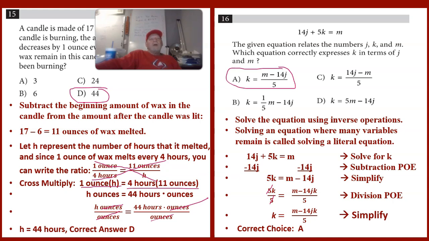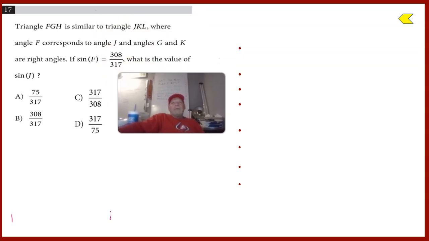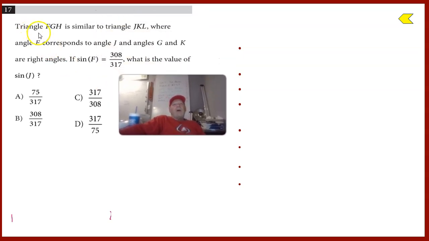Hopefully you're able to get choice A correctly. All right, so now we'll go to number 17. 17 is another multiple choice question. It says triangle FGH is similar to triangle JKL, where angle F corresponds to angle J, and angles G and K are right angles.